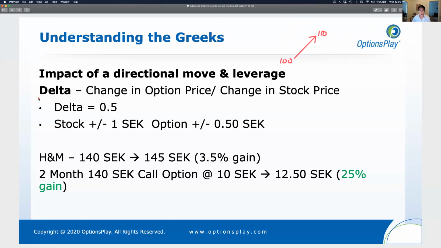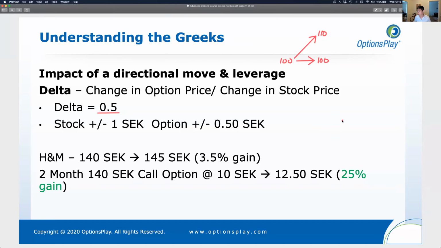Whenever you're buying a call option, generally speaking, if the stock's trading at 100 and you pick an at-the-money option, meaning a strike price that's the same as the current price of the stock, so a 100 call or a 100 put, the delta of that call or put is generally going to be 0.5.